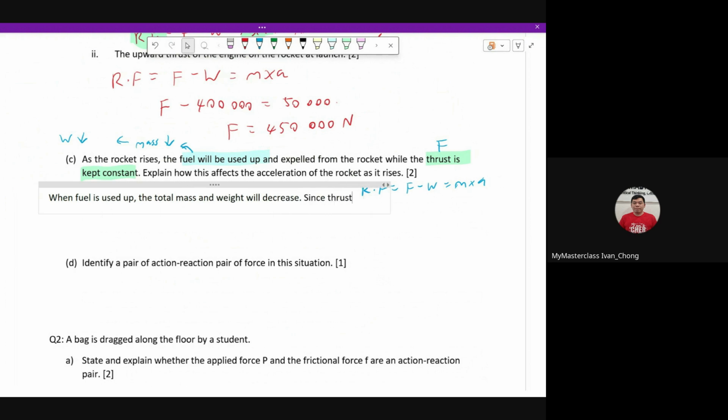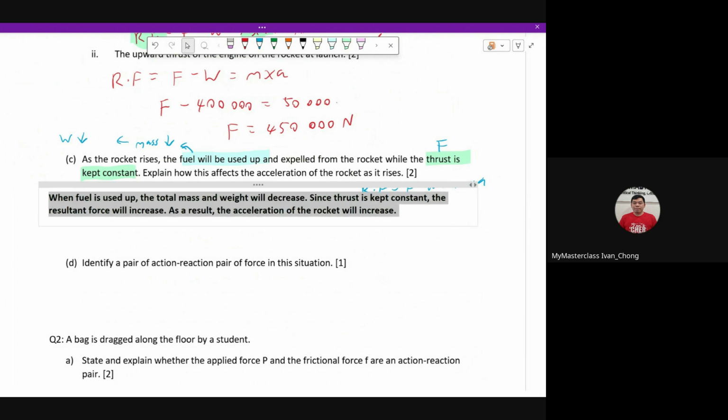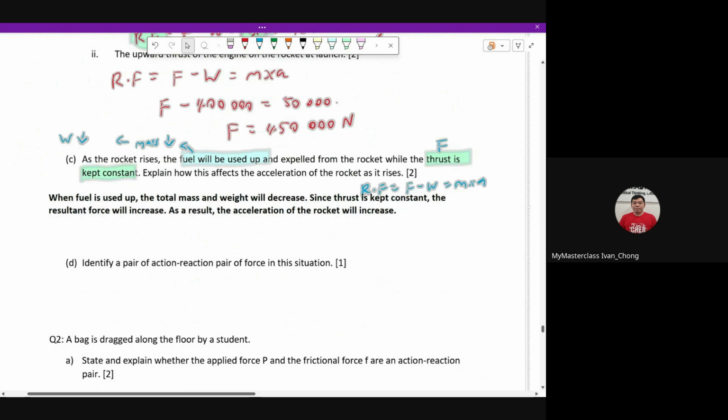Since thrust is kept constant, the resultant force will increase. And because we have more resultant force, as a result, the acceleration of the rocket will increase.